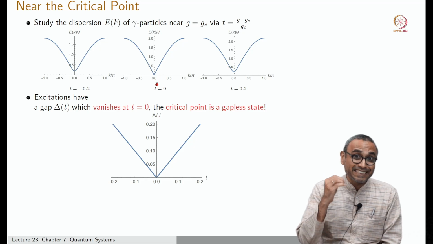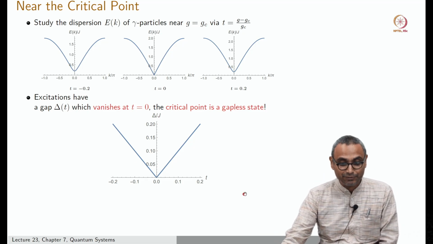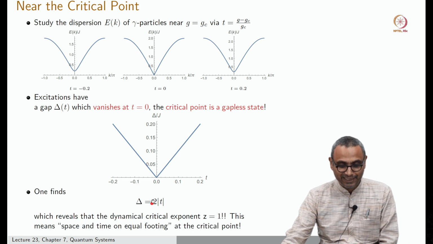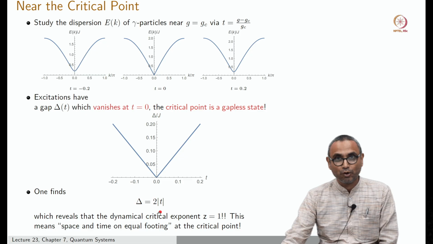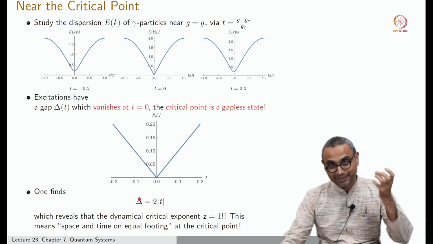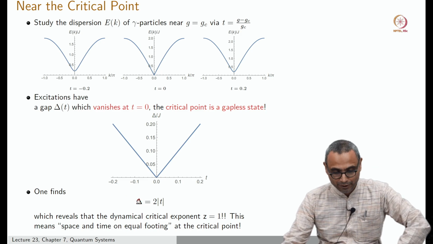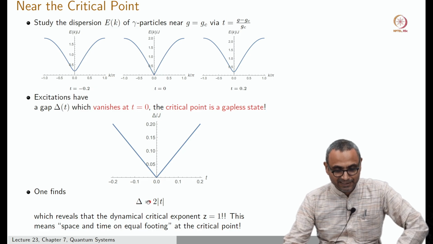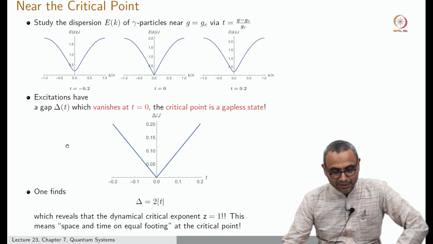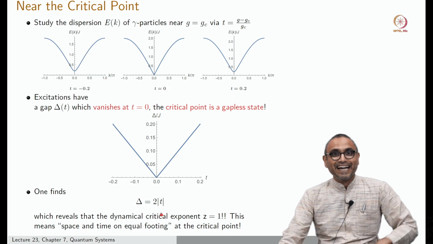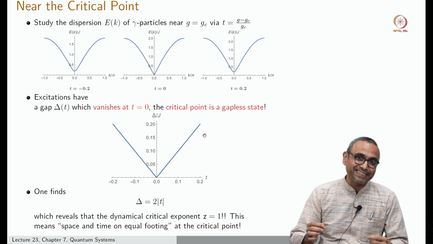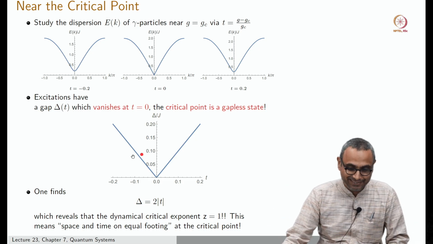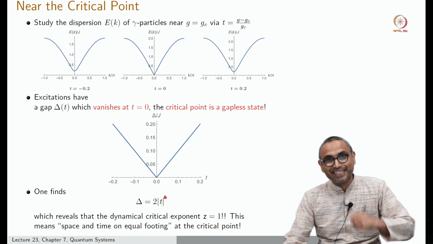You can study the gap as a function of the distance to the transition, and you will find that it depends on the distance to the transition in this fashion. I have written this in dimensionless language, so this must be thought of as the physical gap delta divided by J, so that it becomes a dimensionless number. That goes as 2t, and you see that the gap vanishes as a power of t, and that power here is unity.